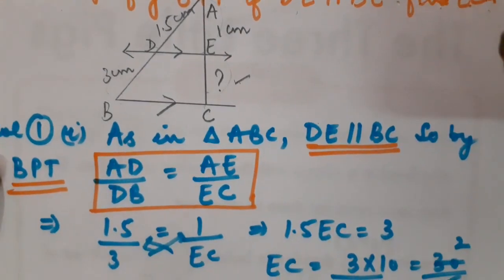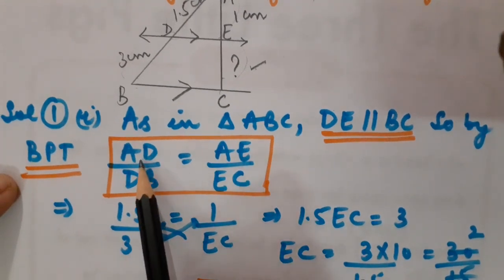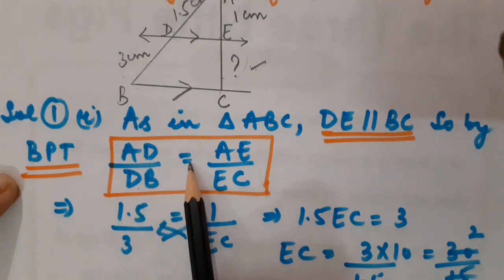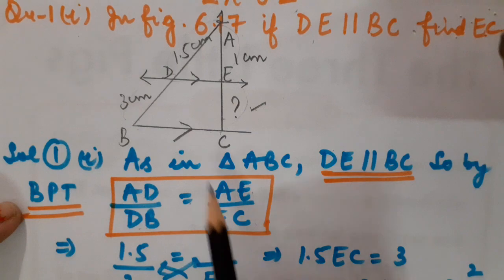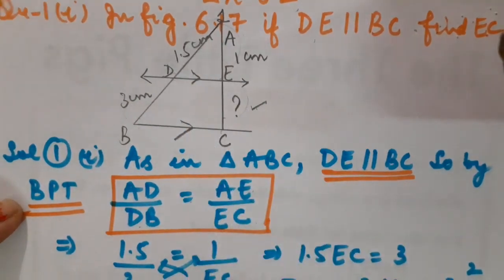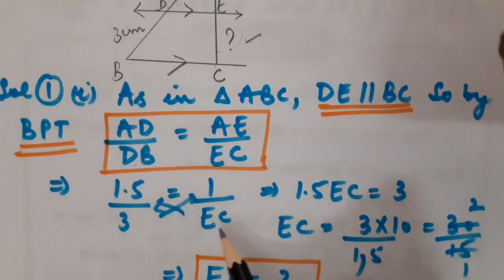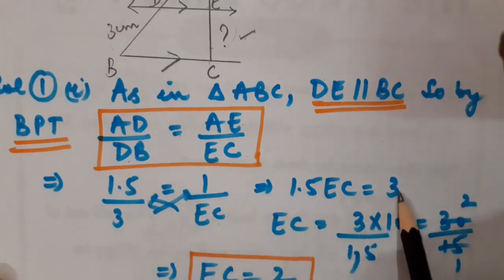So as in the triangle DE is parallel to BC, by BPT we can say that AD upon DB is equal to AE upon EC. Just insert the given values, that is 1.5 centimeter upon 3 centimeter is equal to 1 centimeter upon EC. So while cross multiplying, I have got 1.5 EC is equal to 3.